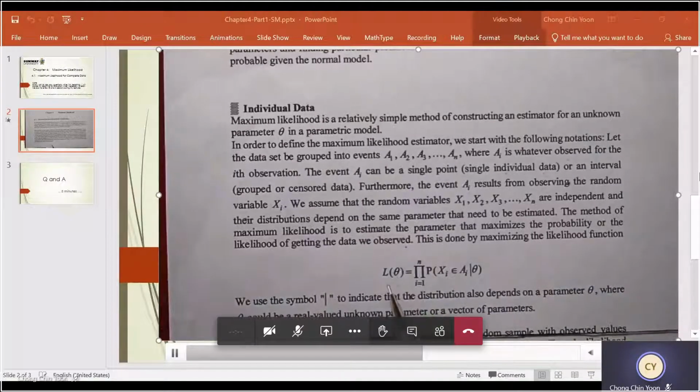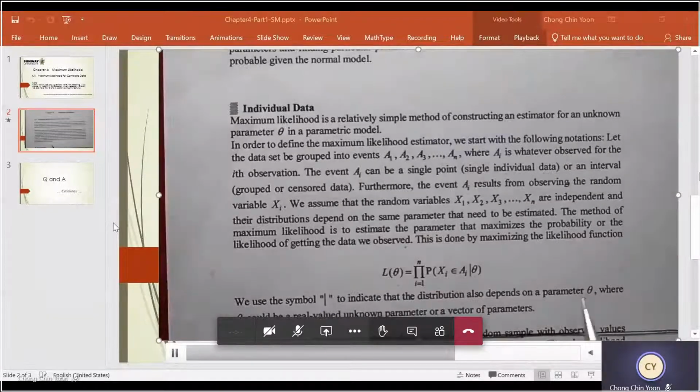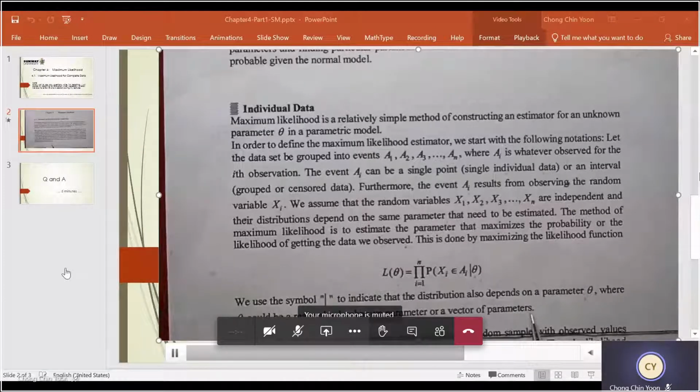That is, this likelihood function L(theta) is defined as the product of the probabilities of the random variable Xi, which belongs to the event Ai, when the distribution depends on the parameter theta. We use this notation to indicate that the distribution depends on a parameter theta, where this parameter theta could be a real-valued unknown parameter or a vector of parameters.